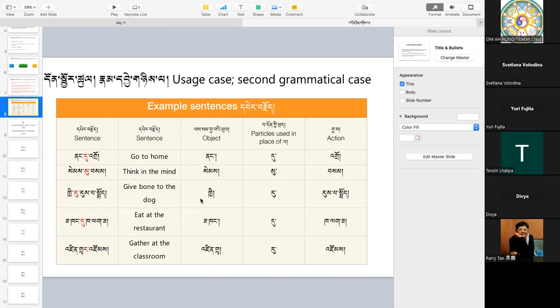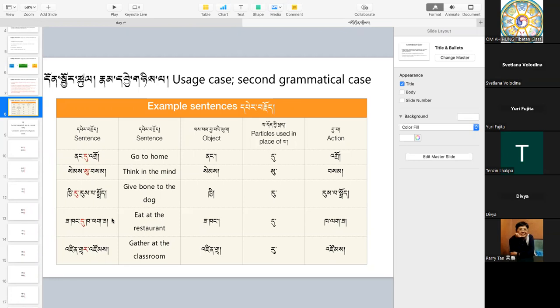Then ru is the particle. And then Drubpay is to give bone. To give the bone to the dog. But here we see that it again changes to ru, right? Because it is in a different context.